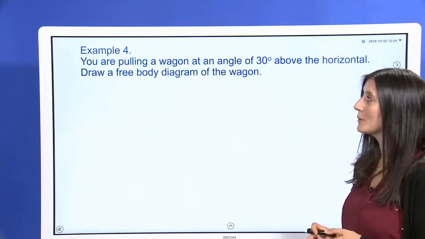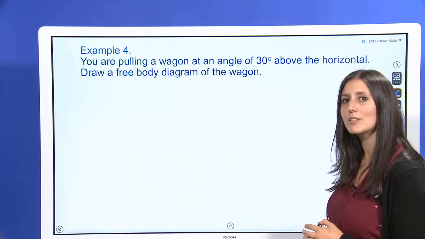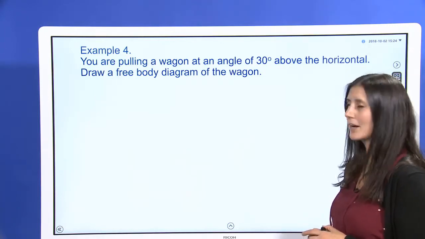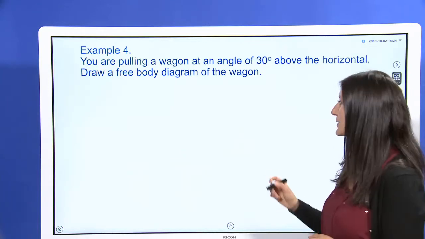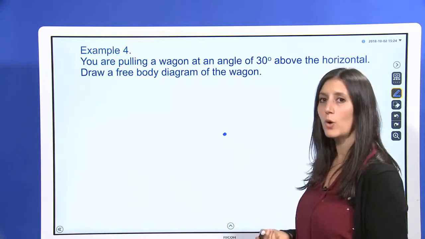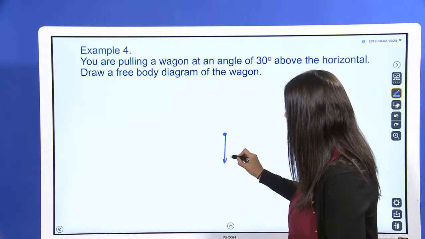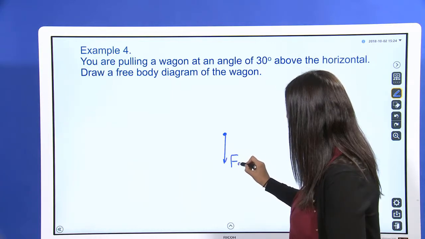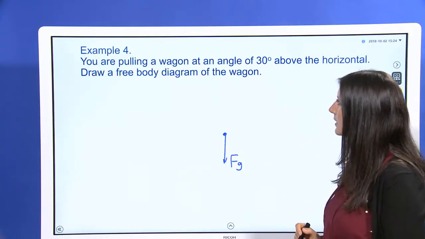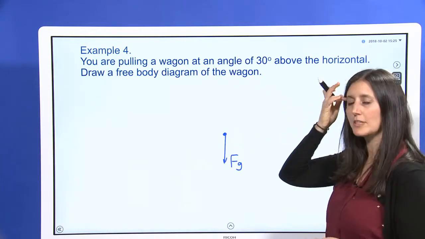Next example, you are pulling a wagon at an angle of 30 degrees above the horizontal. Draw a free body diagram of the wagon. Okay, so again, our wagon is represented by just a dot. We always have a force of gravity, and it points straight down every time. Now, it says you are pulling the wagon at an angle of 30 degrees.